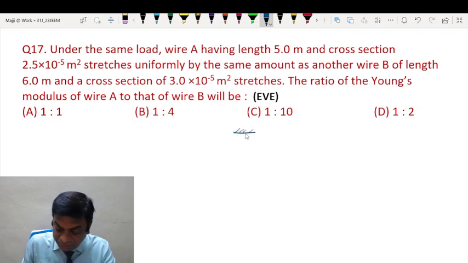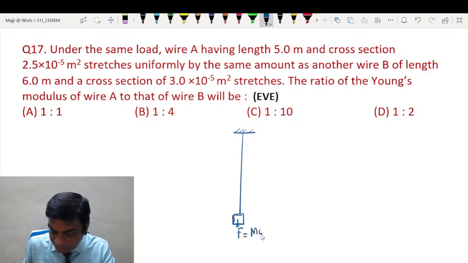Always, suppose this is the wire, you have a load here. The load is mg, whatever be the mass, length is L. Now, cross-sectional area is A, and the change in length is small l, let us say.